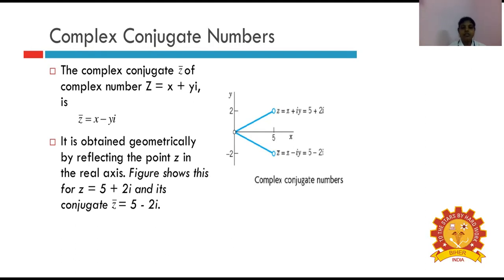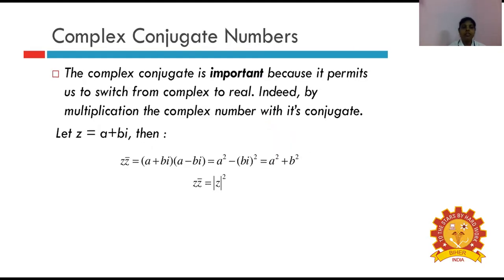This figure shows that Z equal to 5 plus 2i and its conjugate is Z bar equal to 5 minus 2i. The complex conjugate is important because it allows us to switch from complex to real by multiplication of the complex number with its conjugate.